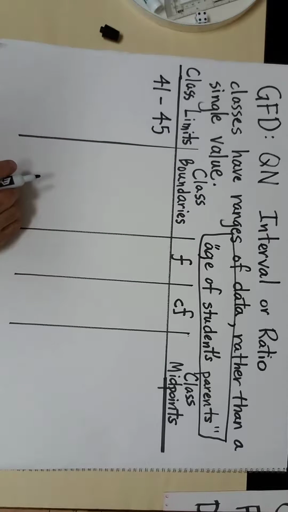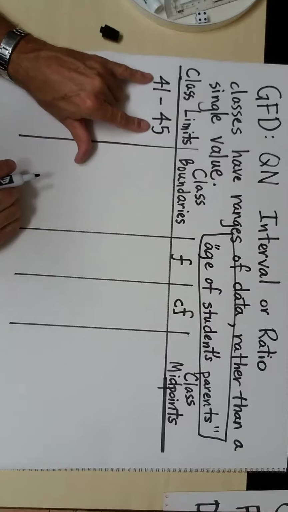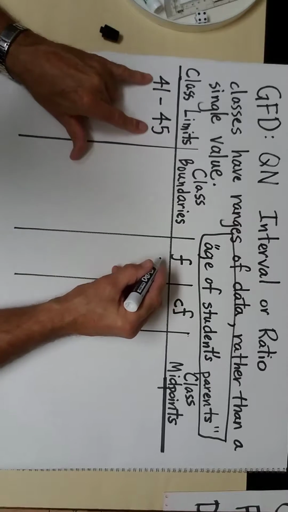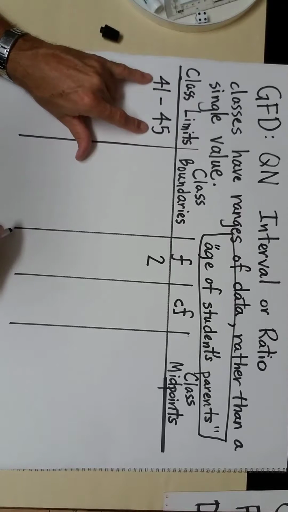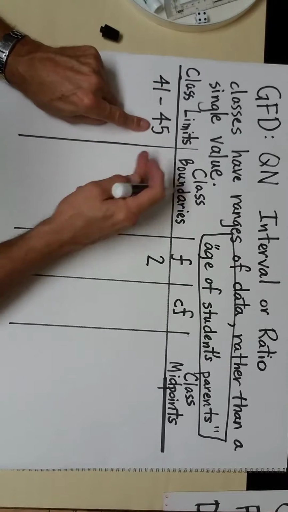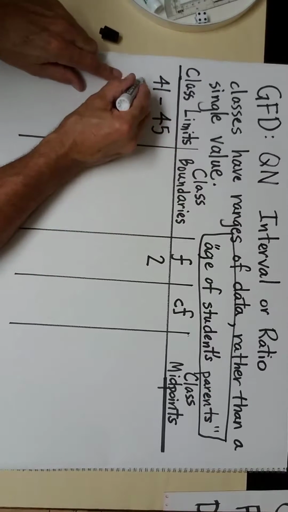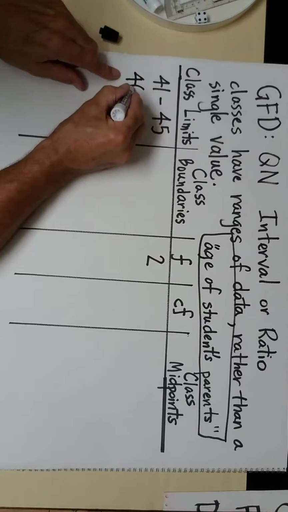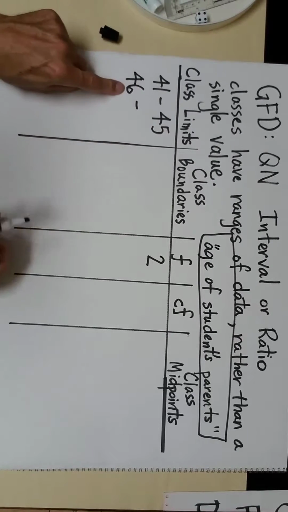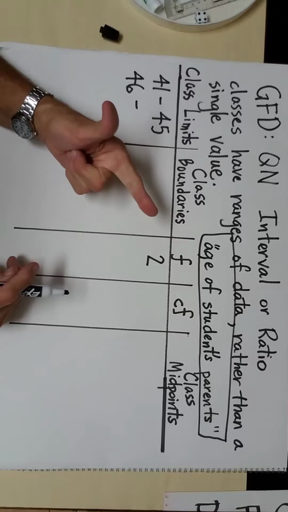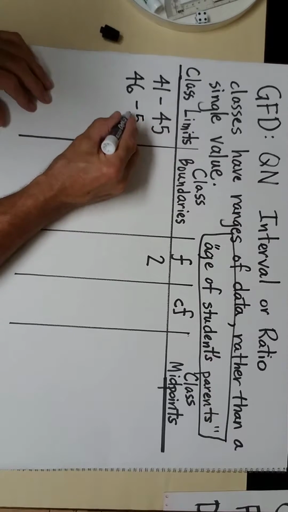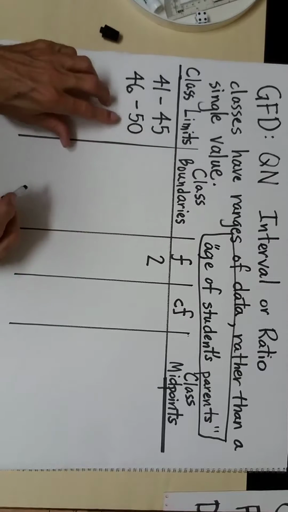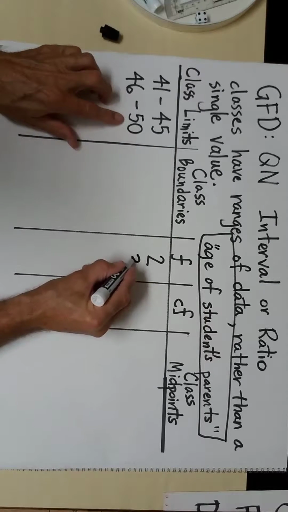And let's suppose there are 2 parents in that age group. If a person is beyond 45, then they would be 46 or older. So this group is going to have 46, 47, 48, 49, 50. We'll say there's 3 parents in this group.